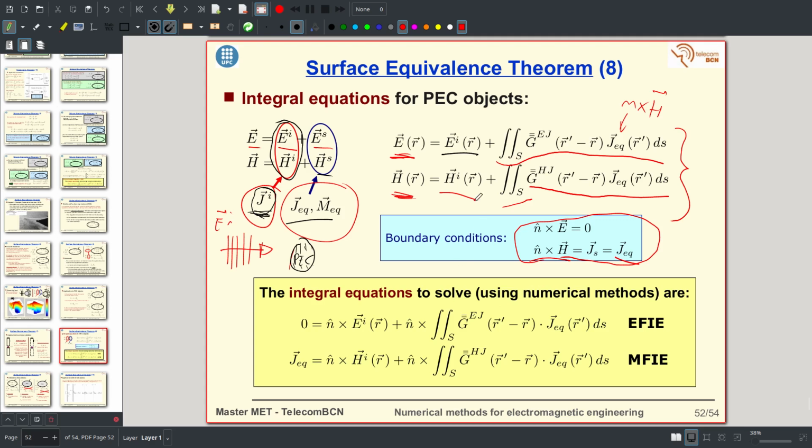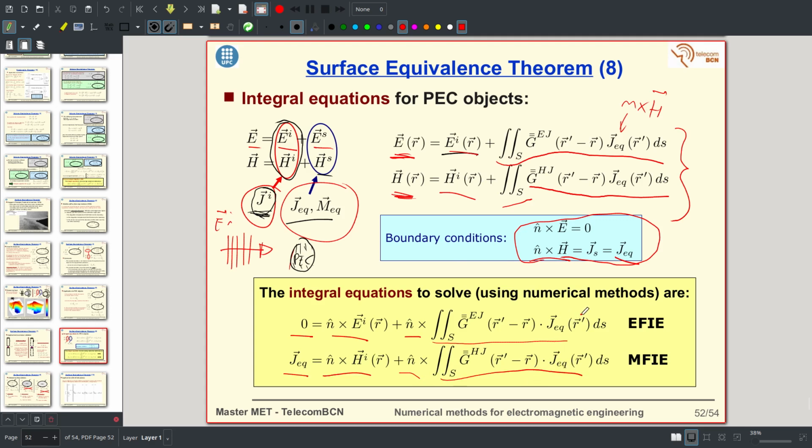When we set the boundary conditions, we have n cross E equal to 0, so it is n cross incident field plus n cross the convolution. For the magnetic field, the boundary condition is n cross H equal to the induced current, which is the equivalent current. So we have the equivalent current equal to n cross incident field plus n cross the convolution.